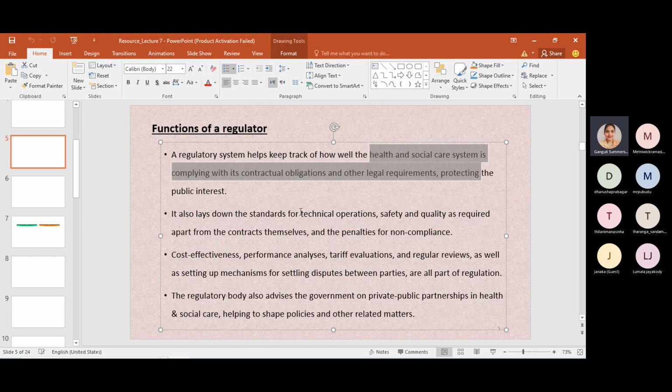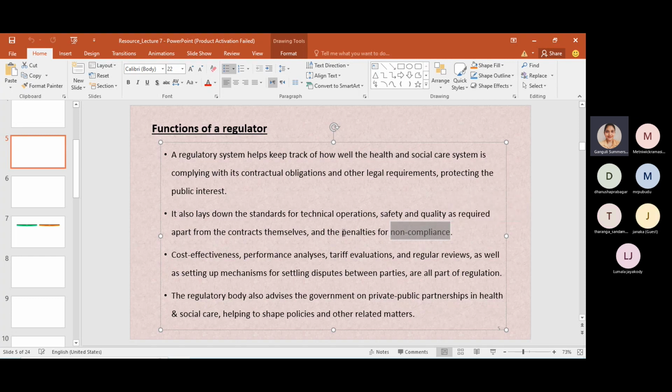Other than that, the regulators also lay down standards for technical operations as well. The regulators will keep track of the technical operations that happen in the workplace too, and if they find any non-compliance, meaning if the regulators find out that you are not complying with the standards or the legal requirements, there will be penalties for that.